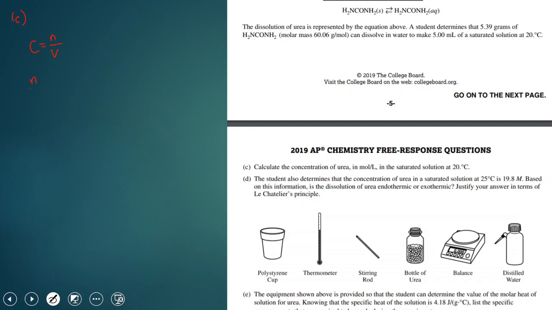Well, we also have the formula n is equal to m over the molar mass. And so in this case, it would be 5.39 divided by 60.06. And so plugging that into my calculator, I get 0.0897.